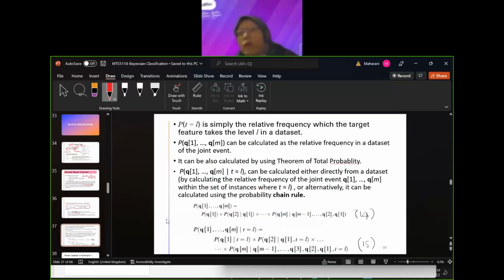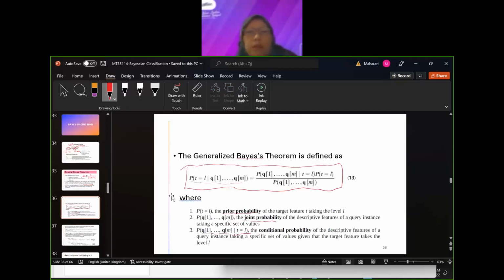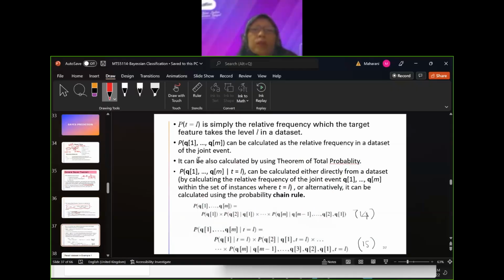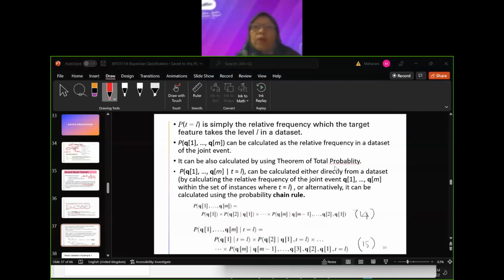Now, how to calculate each term of this? This explains how we compute each term of the formula of the generalized Bayes theorem. First, the probability of target T equals L is simply the relative frequency with which the target feature takes the level L in the dataset.